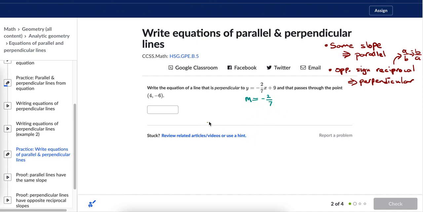And for our second equation, we're given a point, right? This is our point, right? So given a point, it makes sense to write a point slope equation. Right? It makes sense to use that, okay?